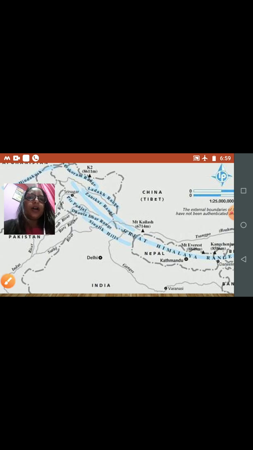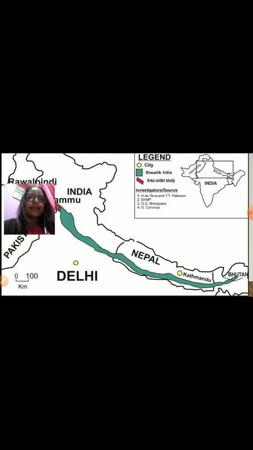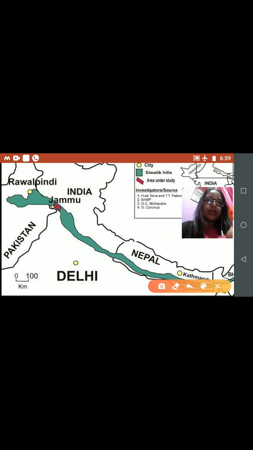Now let us discuss the Shivaliks. This is also one of the very beautiful parts of our Himalayan mountain system. See this whole range below the Himachal. First we have Himadri, Himachal, then Shivaliks.